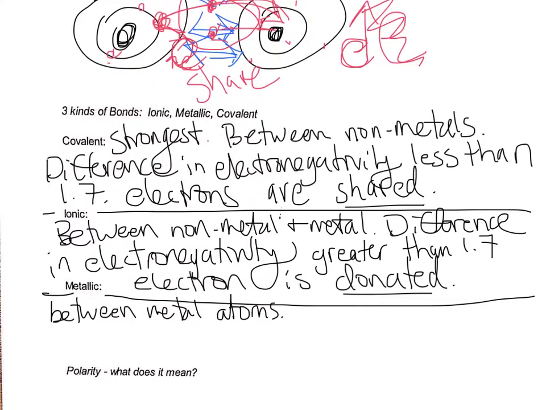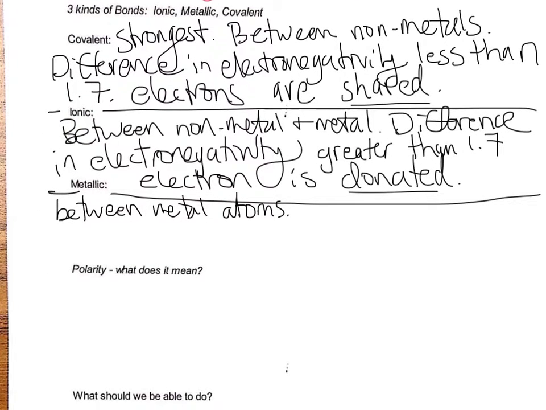Metallic bonds happen between a bunch of atoms and they just kind of mush together and don't necessarily make one specific molecule that bonds to others. Between metal atoms, we say the nuclei are tightly packed, so they're squished together.